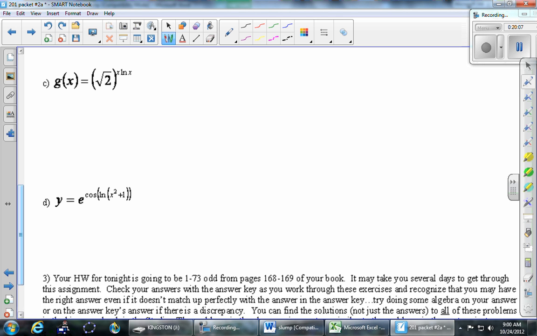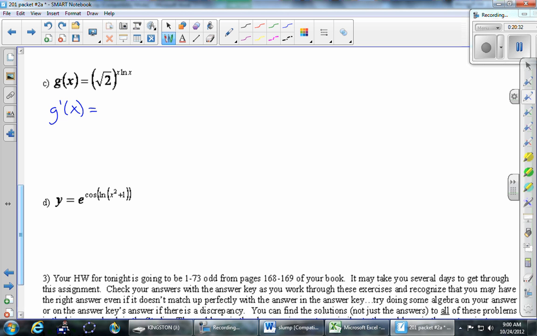Okay, g of x equals square root of 2 to the x ln of x. Great. So, again, good notation, g prime of x. Okay, so what I'd like you guys to do is go back 2 pages. Remember the chart with basic derivatives at the top?